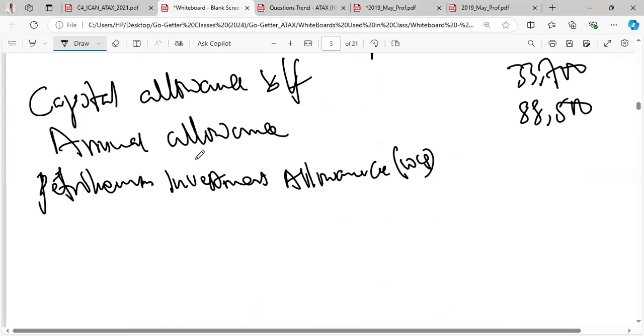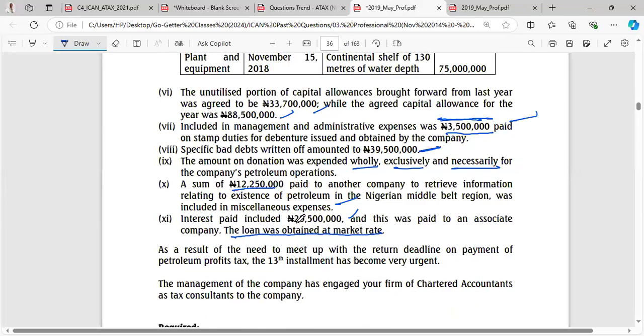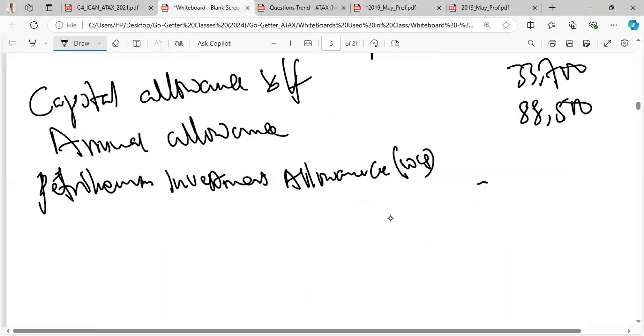It's fine. Then we'll check if there is any balancing allowance. There is no balancing allowance. That's fine. So when we add the PIA, we are going to calculate.